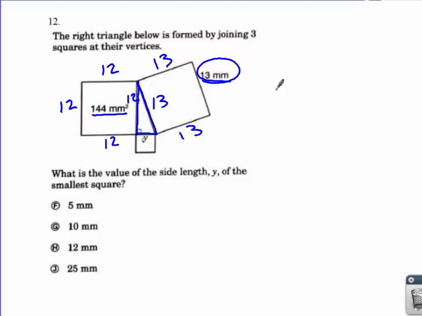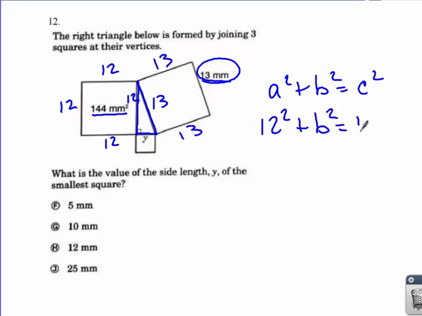Okay, so with that in mind, now that I know my side lengths, I now can find my missing piece here. So we write a squared plus b squared equals c squared. So I know my a and I know my c, and I'm looking for b. So 12 squared plus b squared is equal to 13 squared. So that would be 144 plus b squared is equal to 169 when you square each of those numbers.